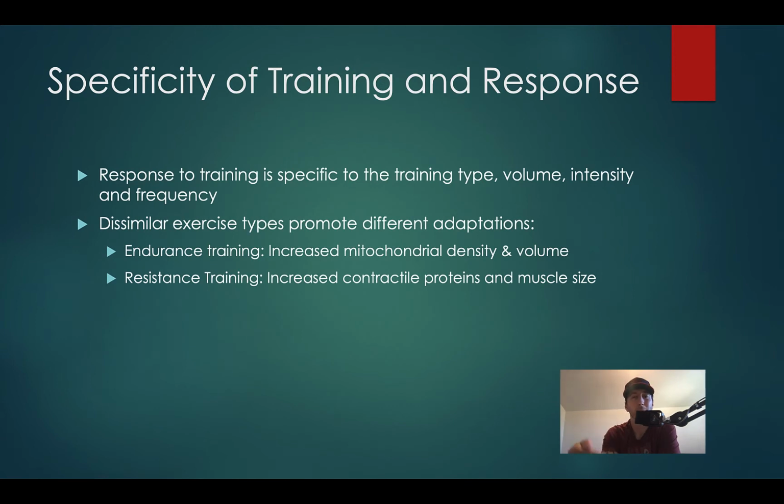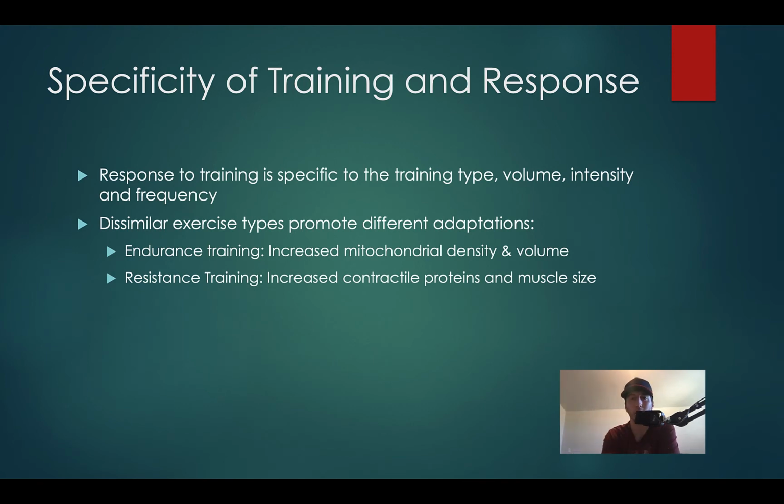This is where the specificity of training comes in, right? If we're training everything, then you're not going to get significantly better at everything. You need to train single modality or minimal modality in order to get better at something. Even CrossFit, right? I love CrossFit, but you have to go through periods of time where you specialize in different movements and in different realms and different energy systems.